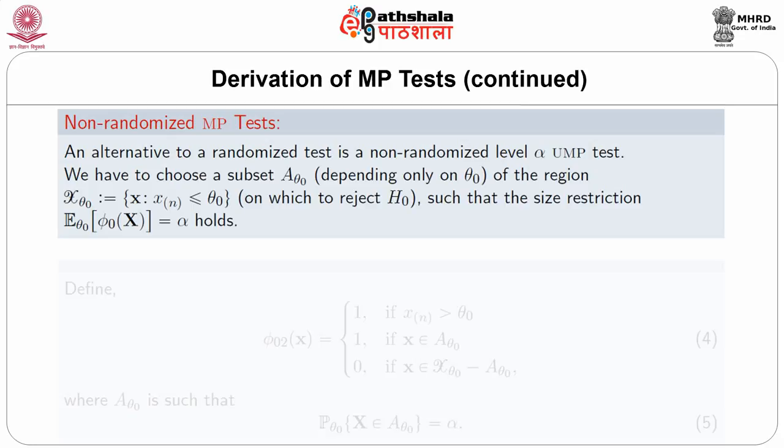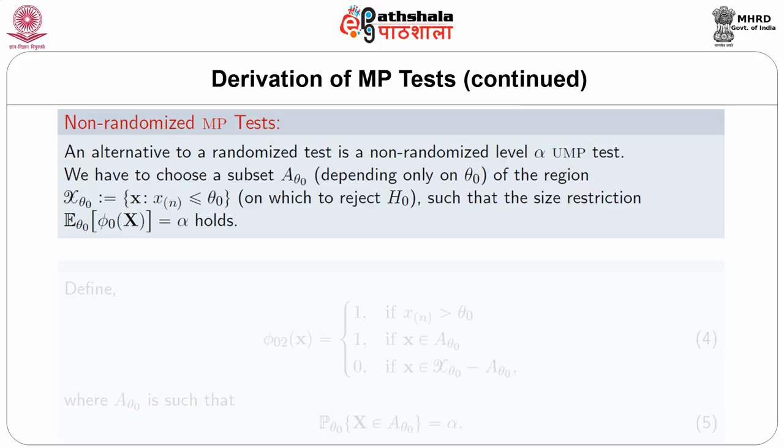Now, we consider a non-randomized test. This is an alternative to the randomized test, and here we can take any value in this region, script x theta naught, that is, x order n less than or equal to theta naught.